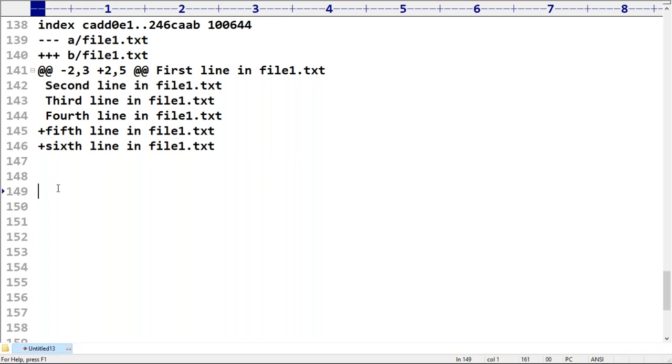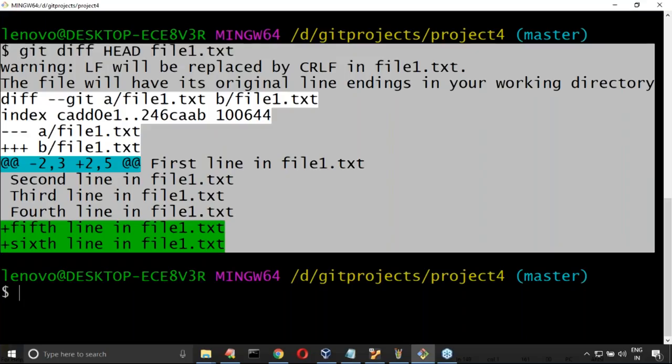Why HEAD? Generally, master can be used to refer to a branch, and HEAD can be used to refer to a commit. Take a bit of special care about this terminology. Any explanation required? Please respond.